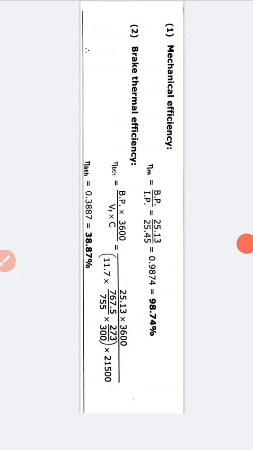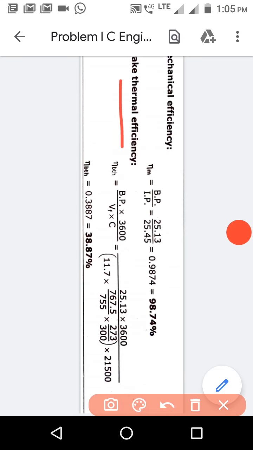Now see, brake thermal efficiency is the brake power divided by volume of fuel into calorific value. The volume of fuel we have calculated like this: 11.7 into 767.5, that is absolute pressure, divided by barometric pressure, into temperature at NTP divided by actual temperature.